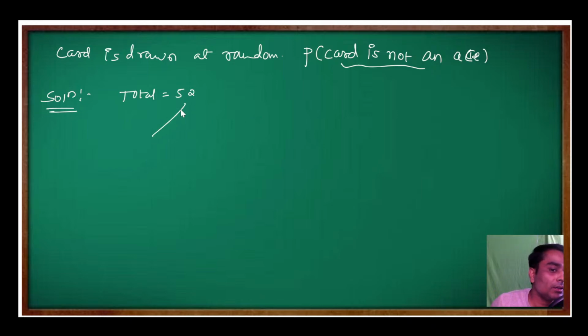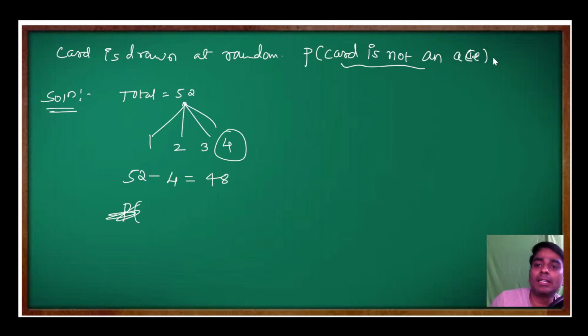Now in 52 how many aces will be there? 1, 2, 3, 4. 4 aces are there. So not an ace, what will I do? 52 minus 4 I will do. I will get 48. So probability will be how much? I will write here 48 by 52.